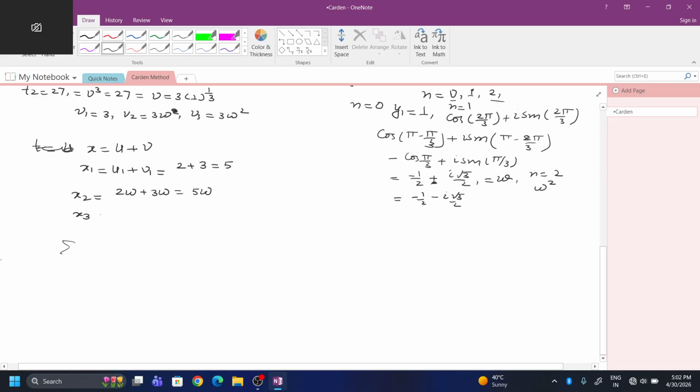And x3 equals 2 omega square plus 3 omega square, which gives 5 omega square. So the solution of this cubic equation is 5, 5 omega and 5 omega square, or you can write it as 5 times 1, omega and omega square.